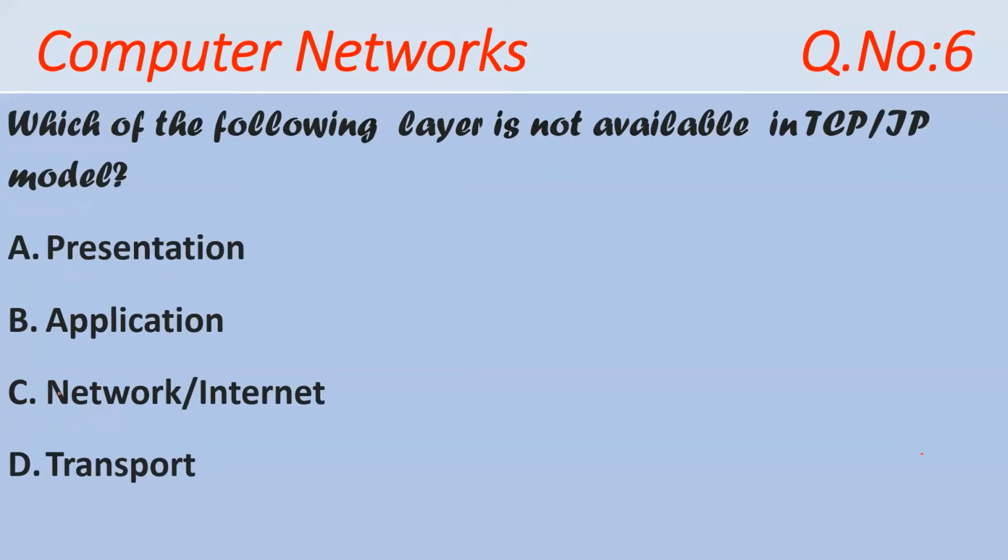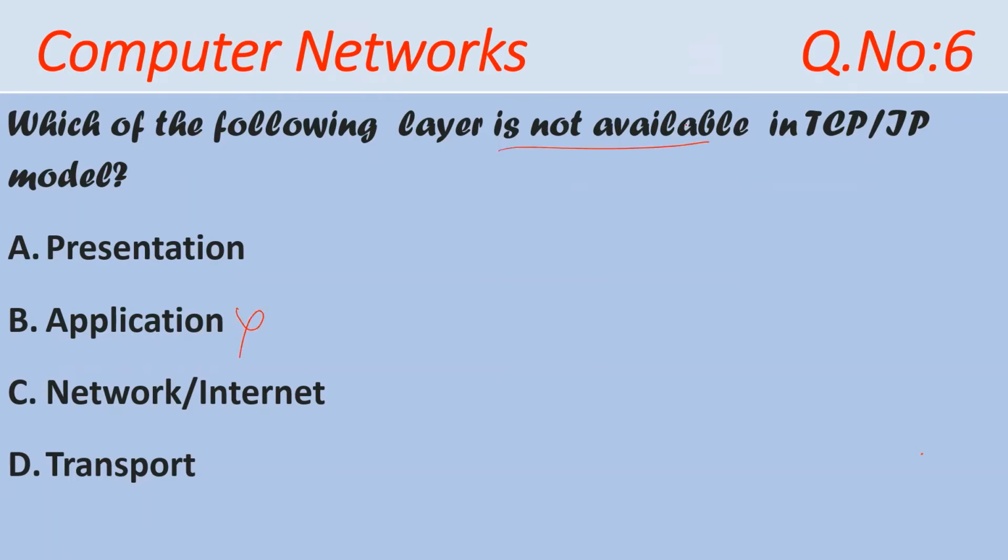And next is, which of the following layers is not available in the TCP/IP model? In the TCP/IP model, we have the network interface, then the network layer, transport layer, and the application layer. So application layer is available in TCP/IP, so option B is not the correct one.